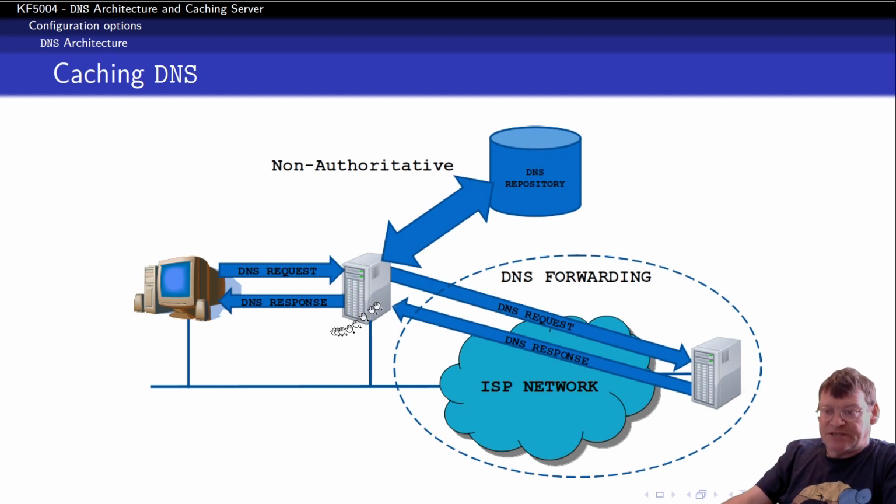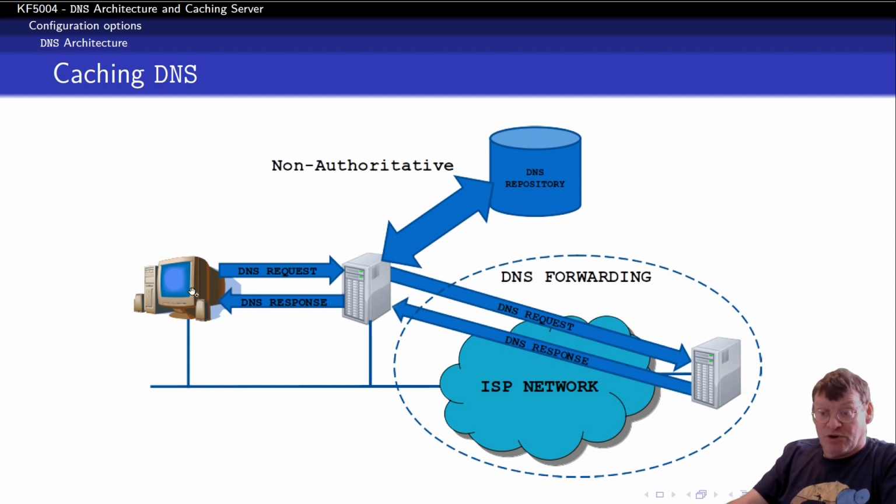That request is sent to the DNS server, and the first thing it will do is check its own local, what we call non-authoritative cache. It will look in there to see if that entry already exists. If it does exist, the DNS service will automatically send the result back to the client machine. So in some cases, you make a request and you get an immediate response back from the server you've just communicated with.